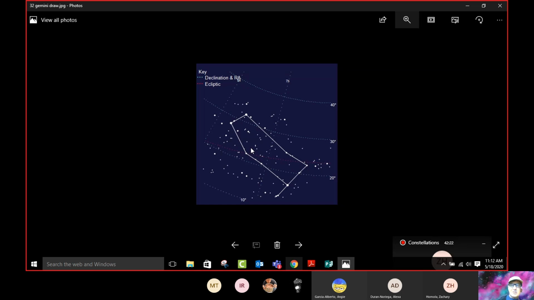So this is more what I see when I look at it. I basically see a rectangle when I look up in the sky. These two are very bright, Castor and Pollux. They're easy to find. Down here, the feet are pretty easy to find also. And then there's just a couple of other stars along the way that we don't need to worry about too much. If you see a rectangle in the sky with two really bright ones, that's going to be Gemini.